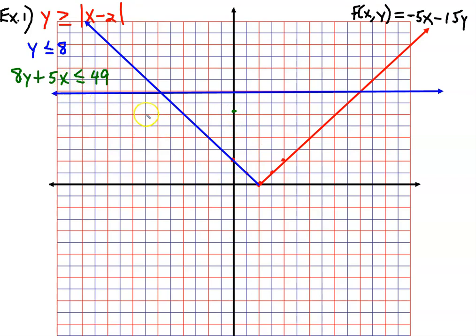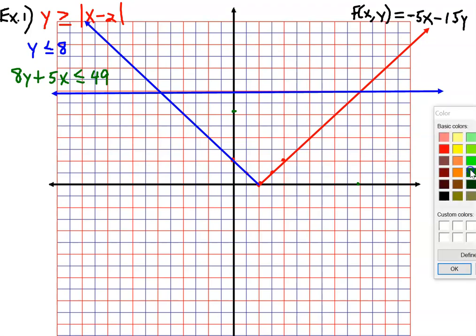And the x-intercept will be 49 divided by 5. That's almost 10, 9.8. And we can line those up, and that'll be our other boundary line.